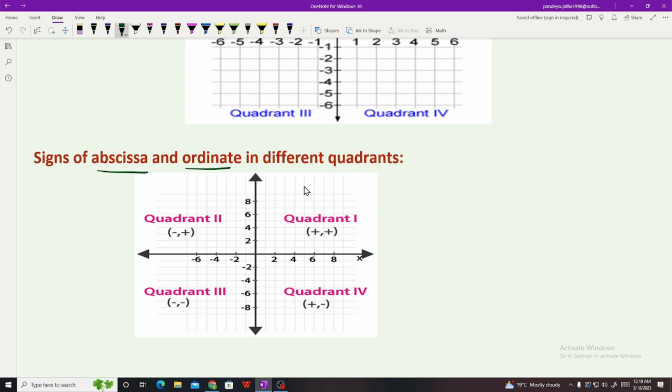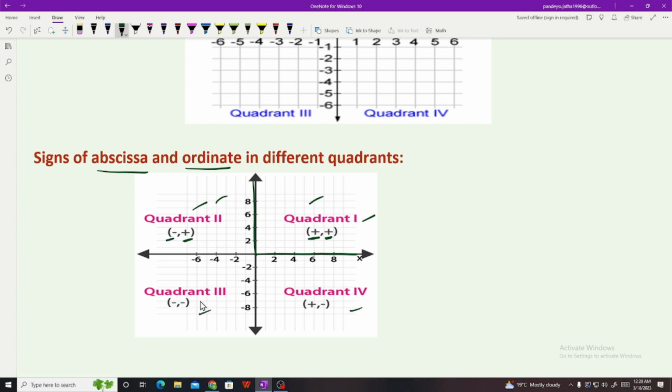Let's see the sign of abscissa and ordinates in different quadrants. Here the Cartesian plane is divided into 4 quadrants with the help of the x-axis and the y-axis. The first quadrant is formed with the positive x-axis and positive y-axis, so the x coordinate is positive and the y coordinate is positive. The second quadrant is formed with the negative x-axis and positive y-axis, so the x coordinate is negative and the y coordinate is positive.